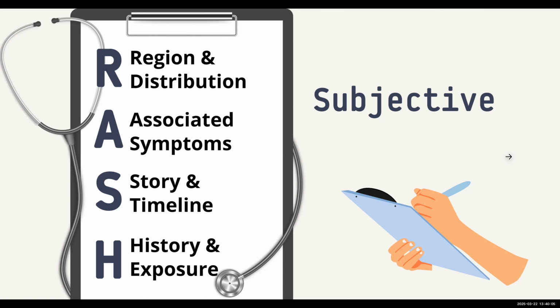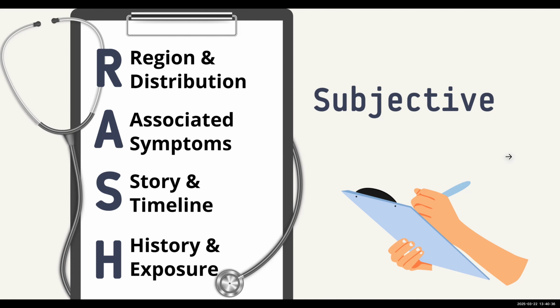So that's the A. For the S, it started about 3 weeks ago. Initially, they were small red patches, and now they are scaly, and now they're starting to expand beyond where they originally started. And when you ask about the H, the history, the exposure, oh, I'm a gardener.